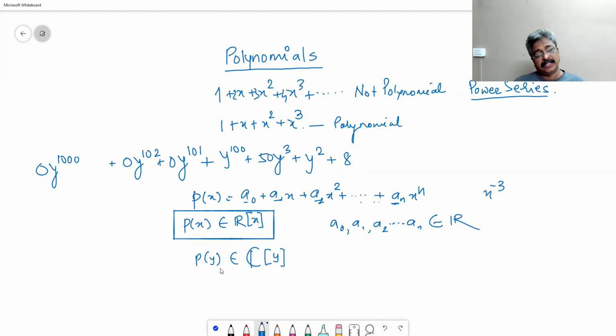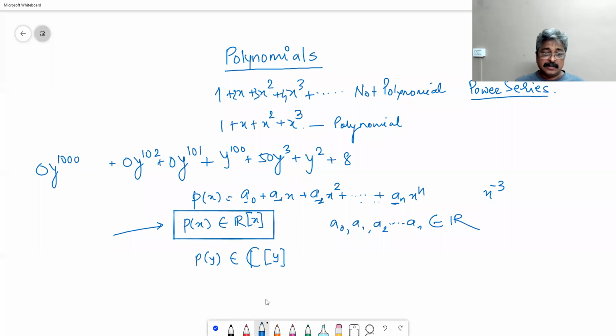What does this mean? Your coefficients can be complex numbers, and it is a polynomial with the variable y. That is the notation. Now we have not done the definition of polynomial yet. I am just describing or trying to add to what you have said.